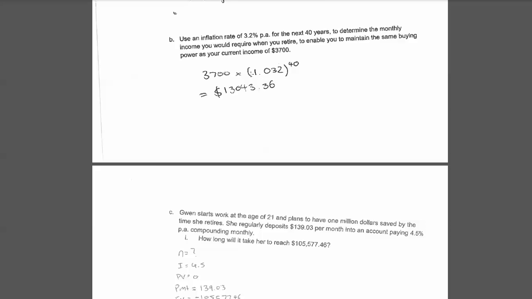But also, because we're working up, we want the value to increase above 3,700. So we need to make sure that we put a 1 in front of it, because this will ensure that the value increases over 3,700 and not decreases. Then it's to the power of 40, the number of time periods. So it's 40 years. You get your value. So 3,700 is equivalent to $13,043.36.